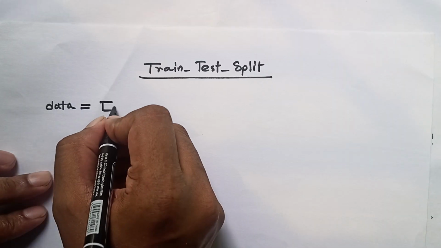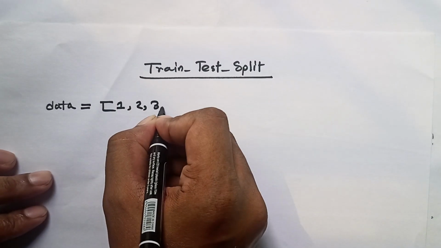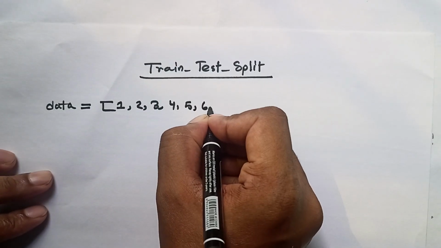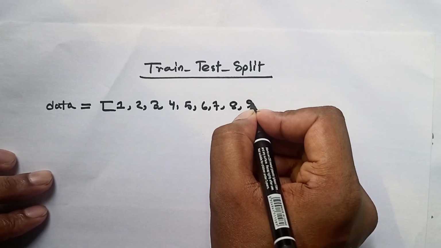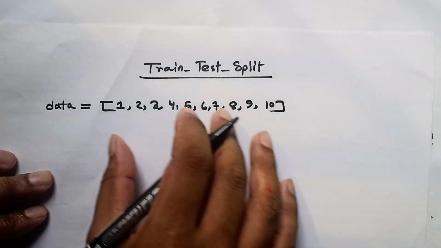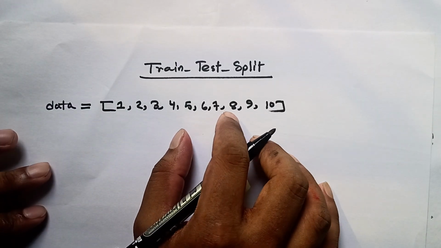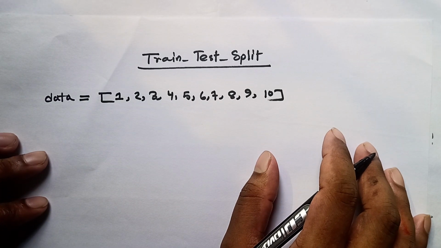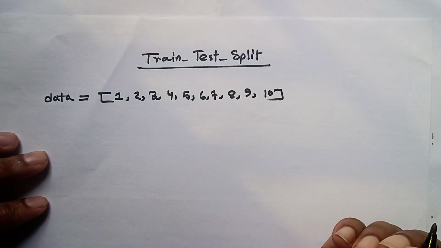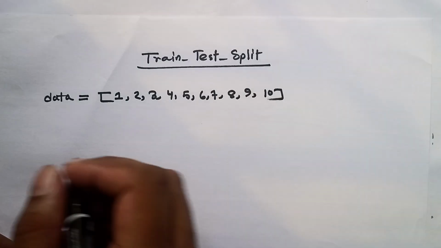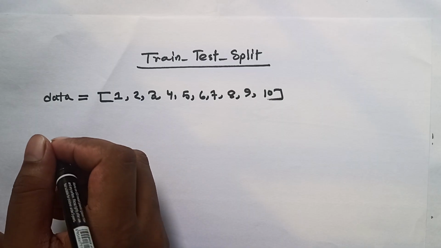Inside this array, I have 1, 2, 3, 4, 5, 6, 7, 8, 9, 10. These are the numbers inside this array, and I will use Scikit-Learn to split it into a train set and a test set. First of all, I have to use the necessary packages.